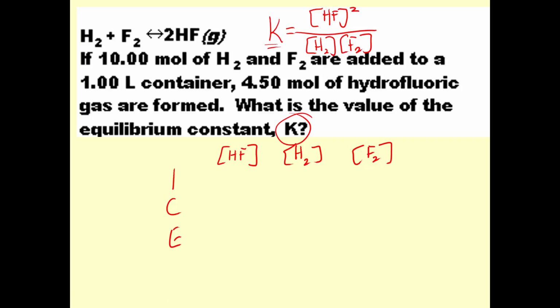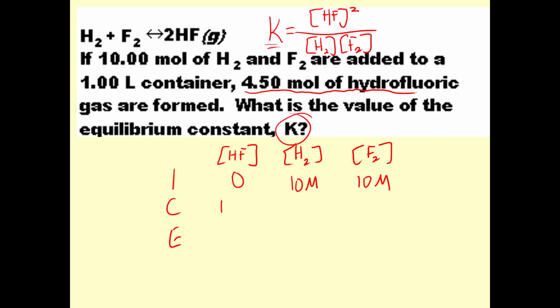So initially, we had 10 moles in 1 liter. So we had 10 molar of this and 10 molar of that. How do I know? Well, I read the problem. Okay. Also, we find out that when those are mixed together, we get 4.5 moles of HF gas. Right? So initially I didn't have any, but I changed that.